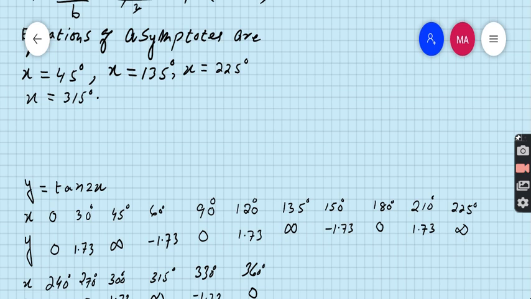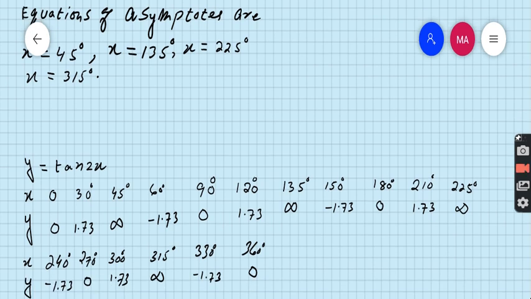But because your asymptotes are 45, 135, 225 and 315, you make the table of x and y values, and you must include all asymptotes in order to draw the graph of tangent. This is my table for x and y values.